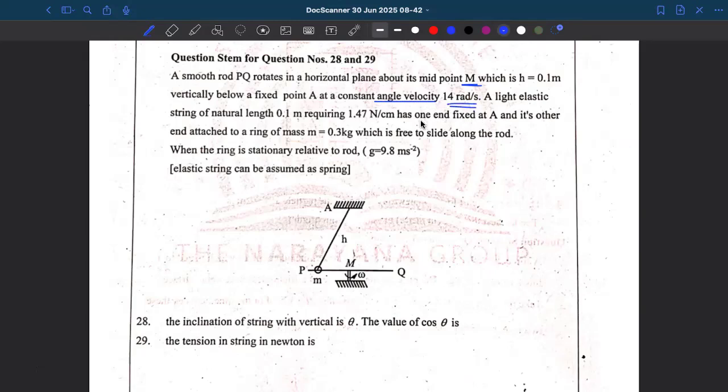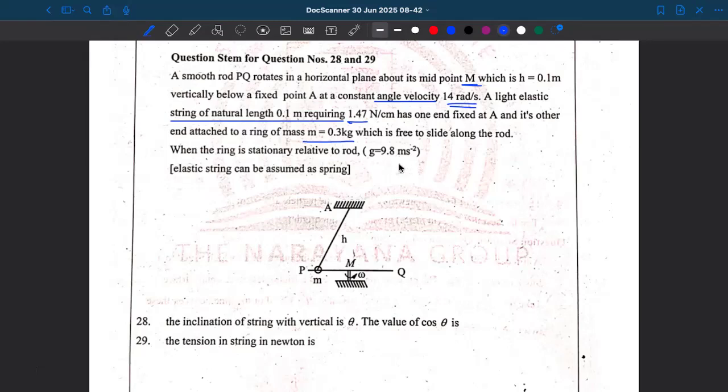A light inelastic string of natural length 0.1 meter requiring 1.47 Newton per centimeter has one end fixed at A and its other end attached to a ring of mass M equal to 0.3 kg, which is free to slide along the rod. When the ring is stationary relative to the rod, the inclination of the string with respect to vertical is theta.